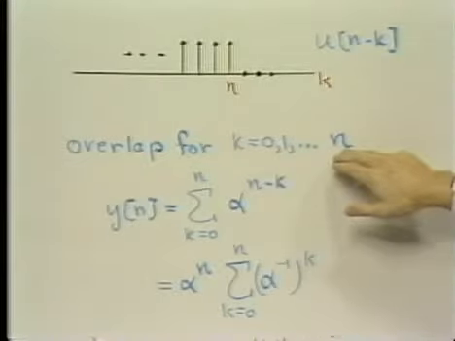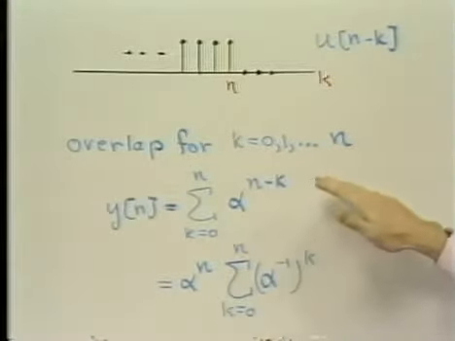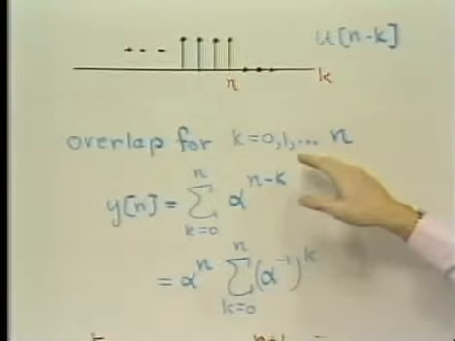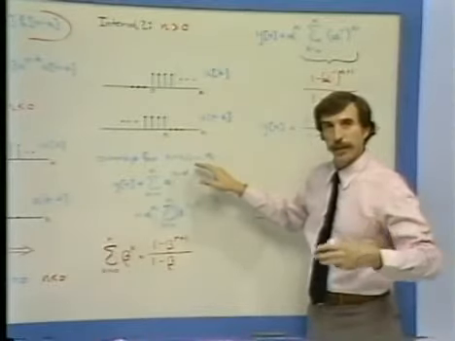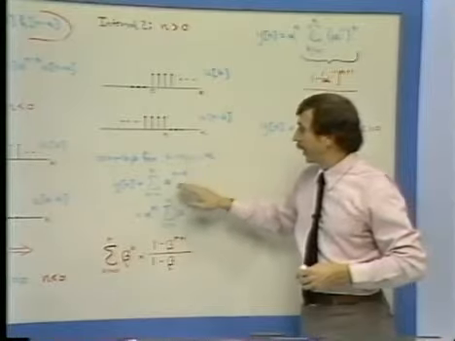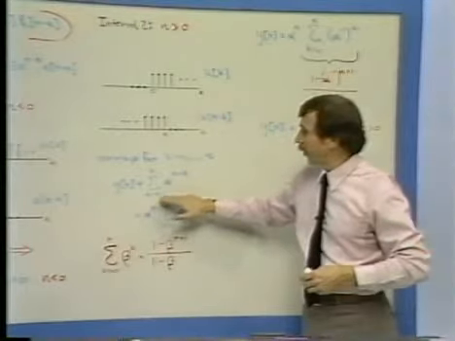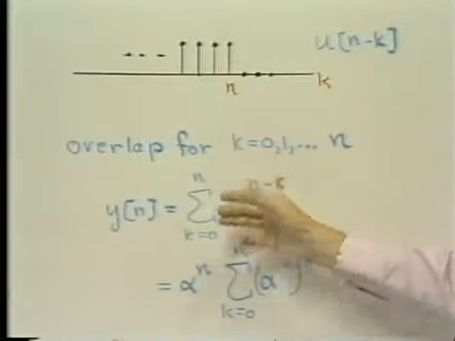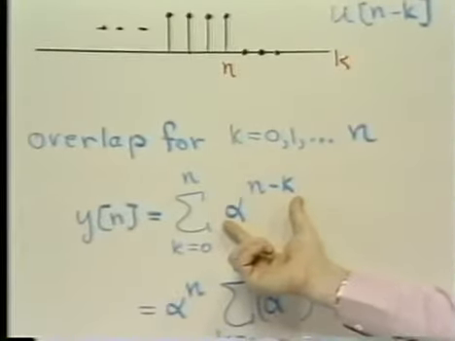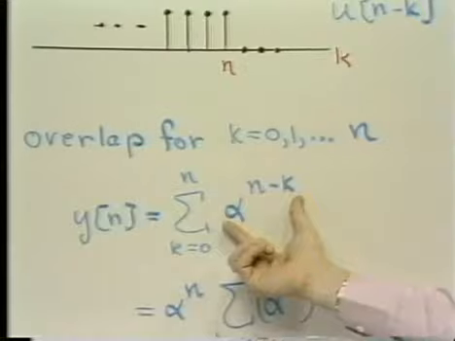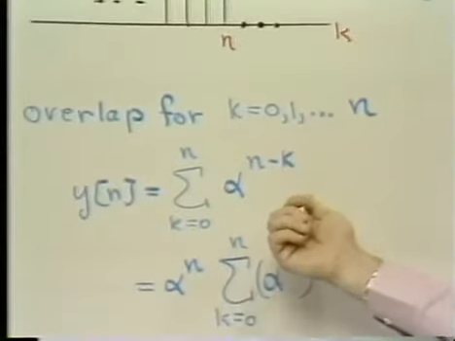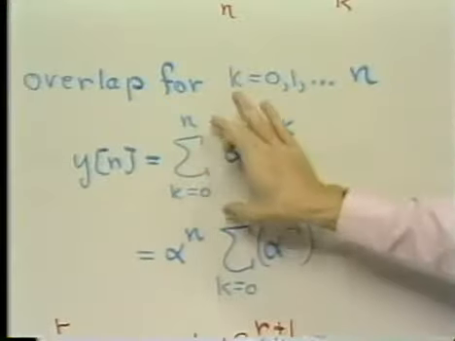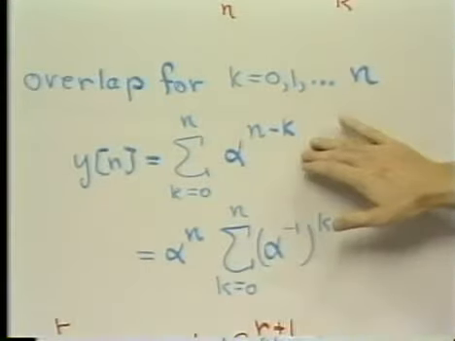All right, now that means that in terms of the original sum, we can get rid of the unit steps involved by simply changing the limits on the sum. And the limits now are from 0 to n of the term alpha to the n minus k. We had before a u of k and u of n minus k, and that disappeared because we dealt with that simply by modifying the limits.